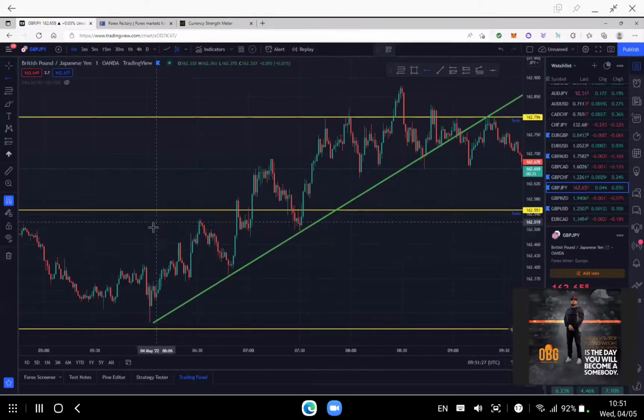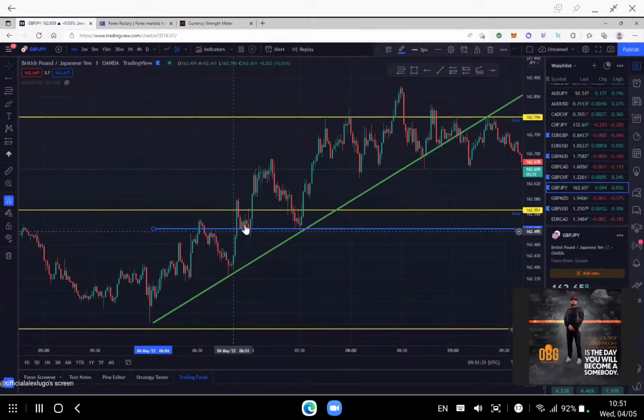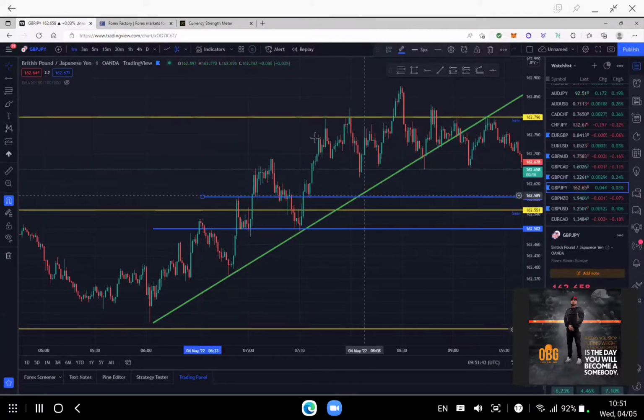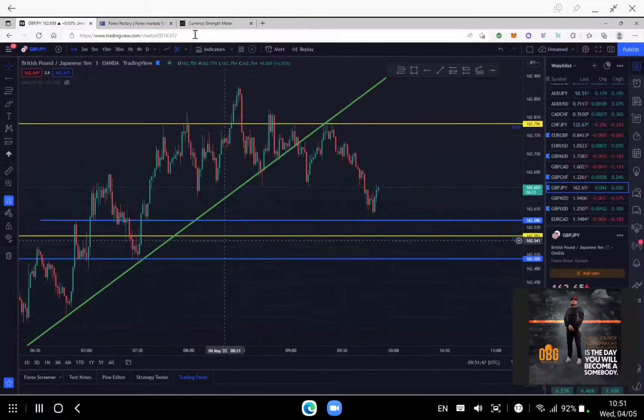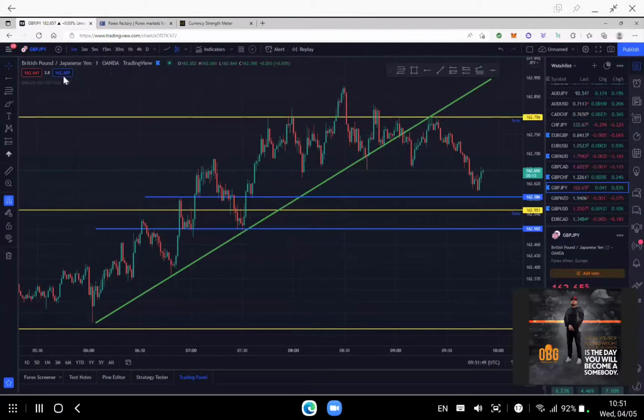Okay, so we see these little pivots right here. I would be marking where current price is, and I would be marking a few pivots above and below where my price is. I should have done this, I'm going to reverse it.